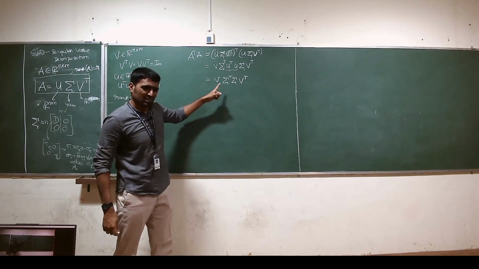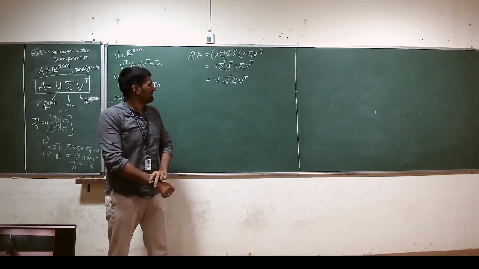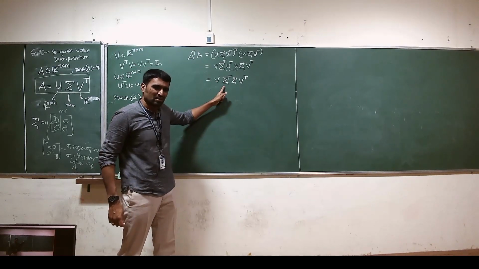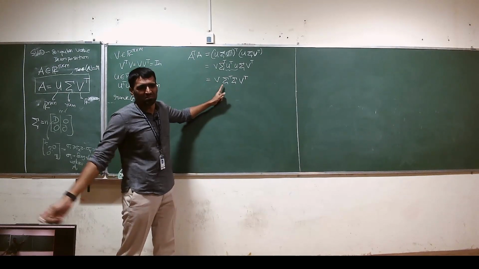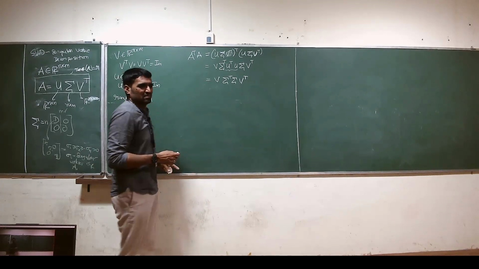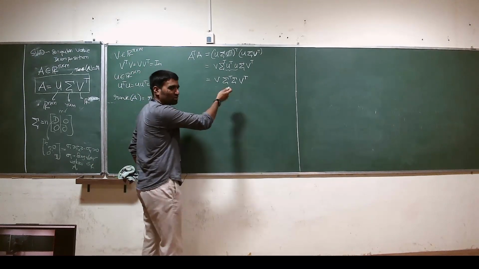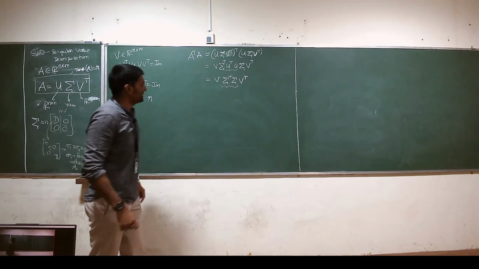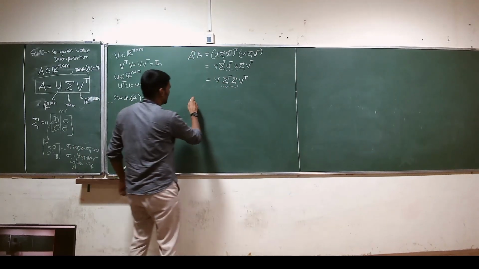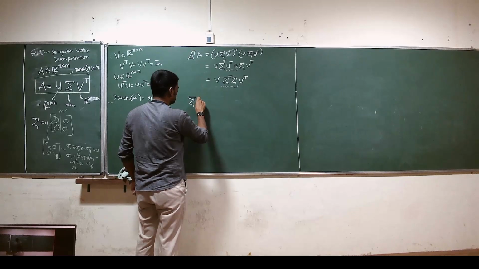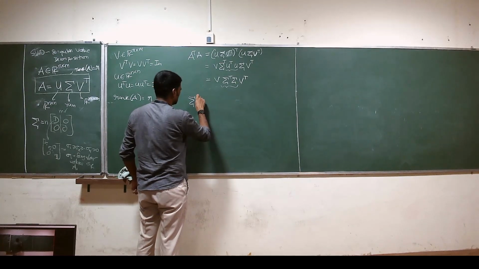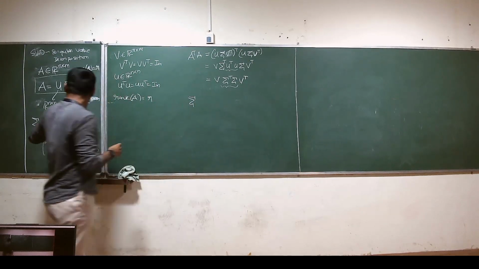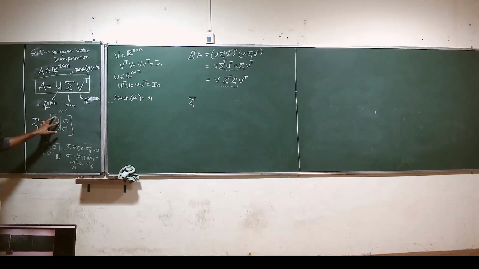We can't write sigma square yet, because sigma is not a square matrix. It is a rectangular matrix, and there is no square for a rectangular matrix. You cannot square a rectangular matrix. But we know what sigma looks like. Sigma is D, which is a square diagonal matrix, and then zeros.